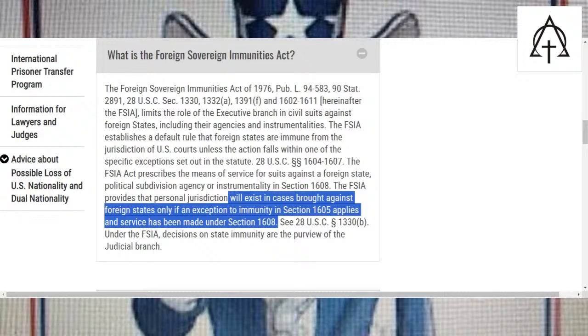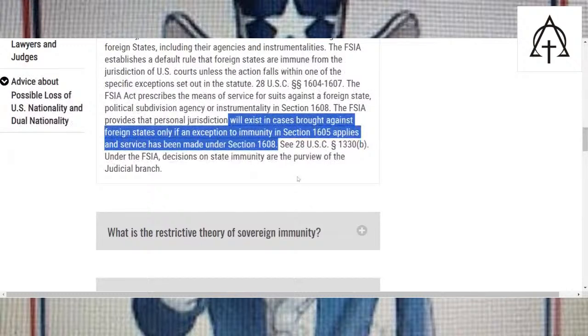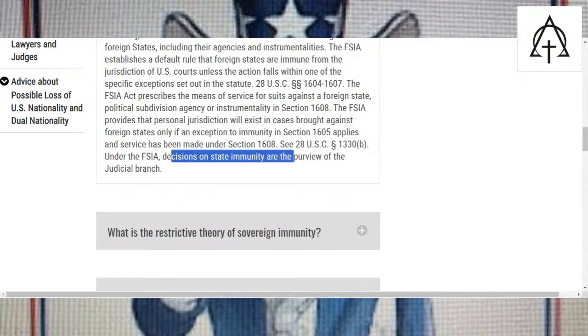And they even tell you the settler has the right to come forth and revoke the trust. See 28 U.S.C. 1330B under the FSIA, decisions on state immunity are the purview of the judicial branch.